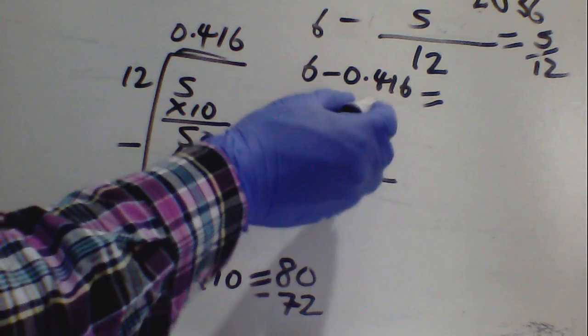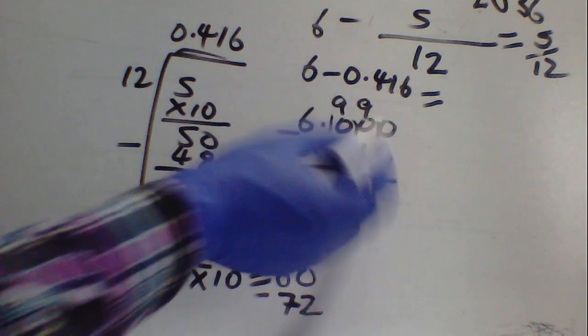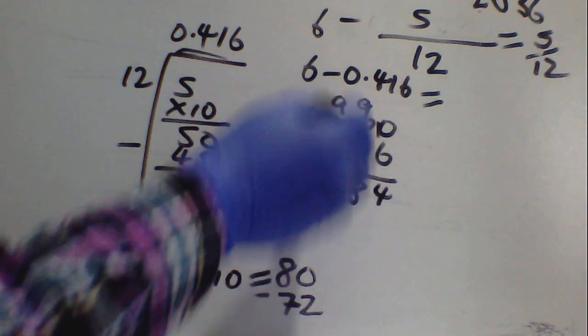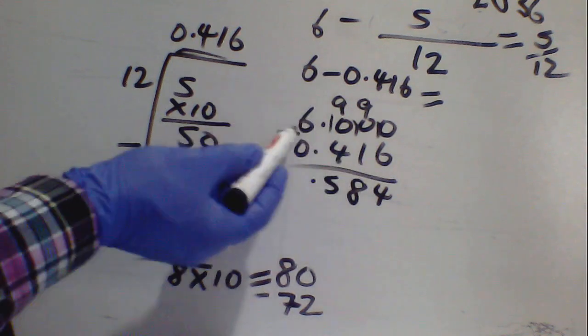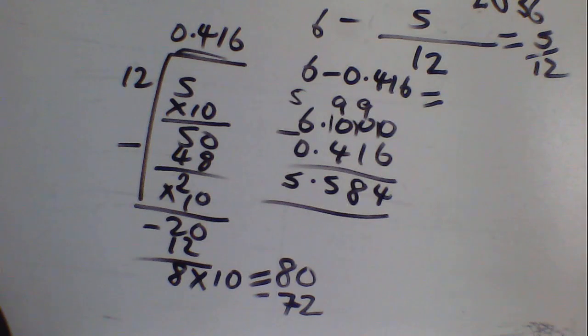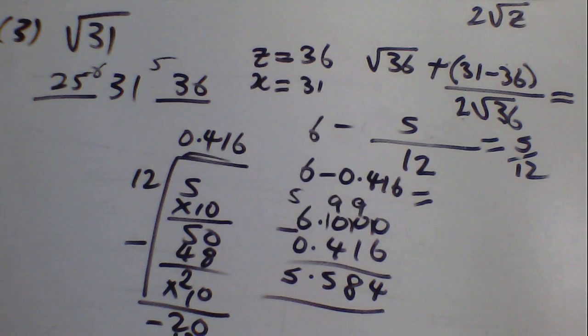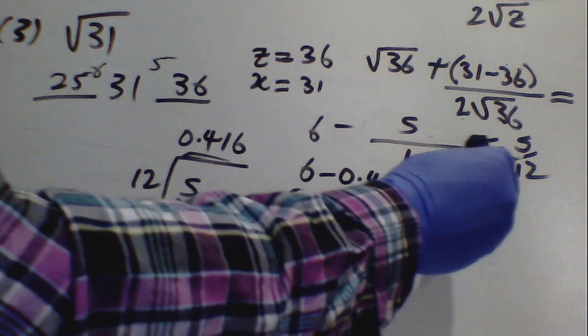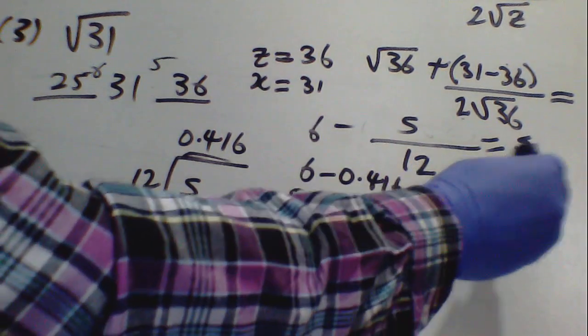Carry 1 from 10, remaining 9, put it here, gives us 10. 10 minus 6 will give us 4. 9 minus 1 will give us 8. 9 minus 4 will give us 5. Remember, you carry 1 here, so what is left is 5. You write 5 down. So that is our step. Once we have subtracted it and done everything as you have seen, we have 5.584.